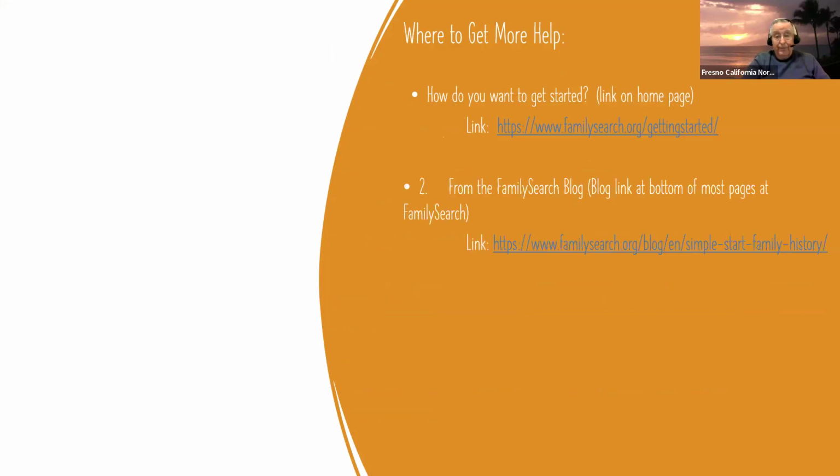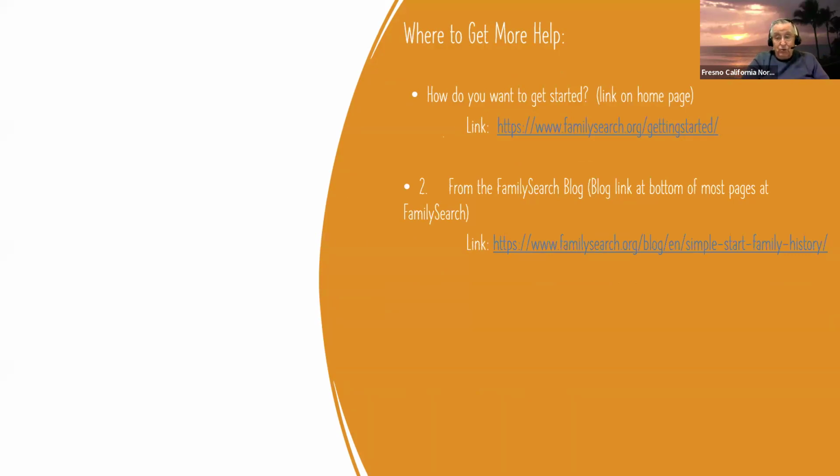Okay, so where can a person go to get some help to begin with? Well, one of them is when you go to the FamilySearch.org page and you first go into it when you're new, there is a want to get started link right there on the home page. It's called Getting Started. And you can go there and they will walk you through it.